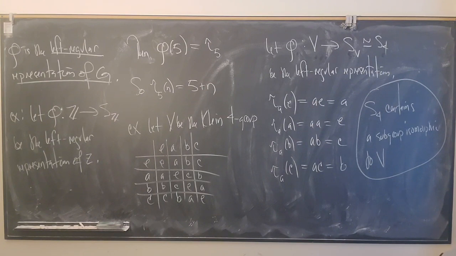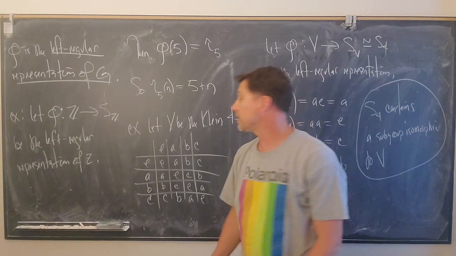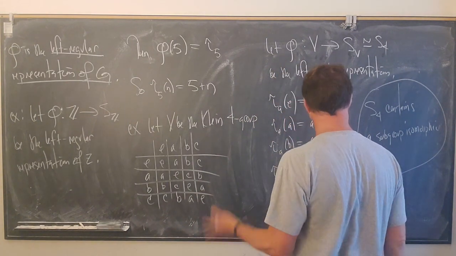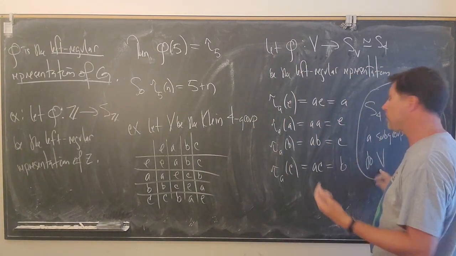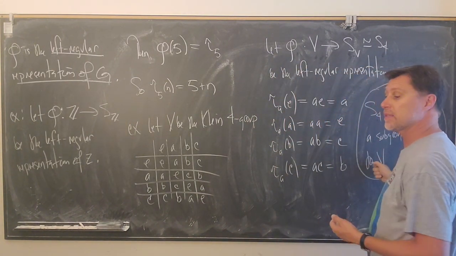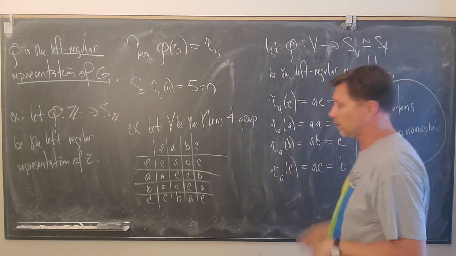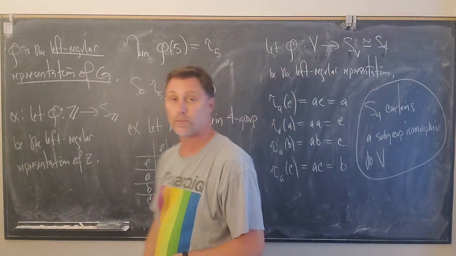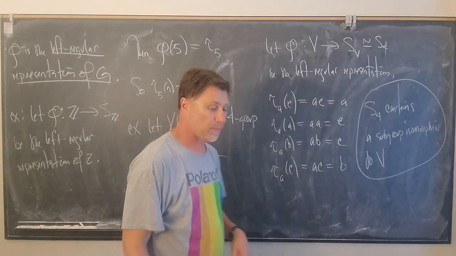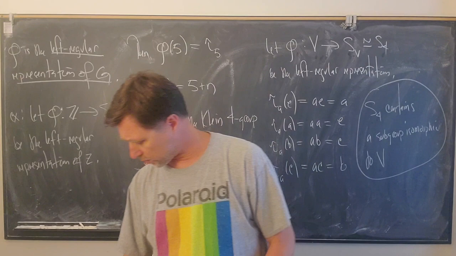If you look closely, you'll find a subgroup in D4 that's isomorphic to V, and because D4 is a subgroup of S4, you'll have a subgroup of V sitting inside S4. Okay, so that's a good place to stop, and we're going to start a new chapter next time, so we will see you then.